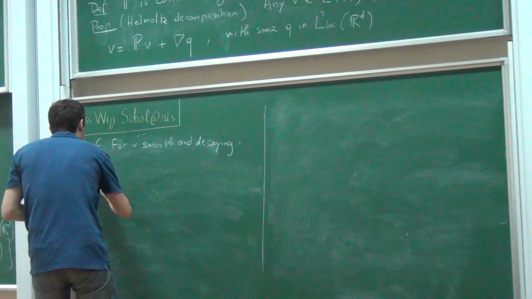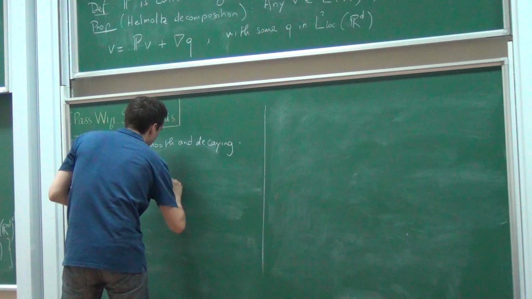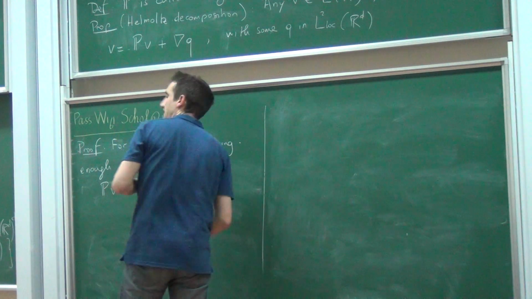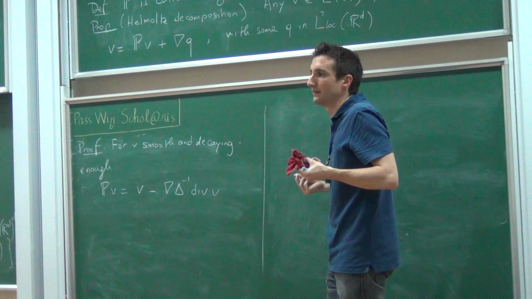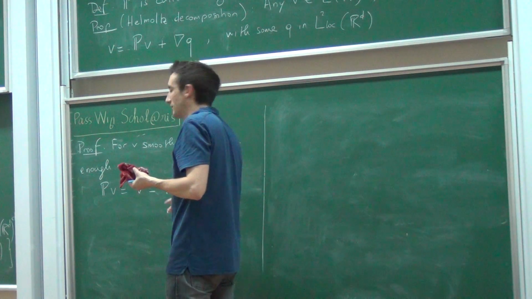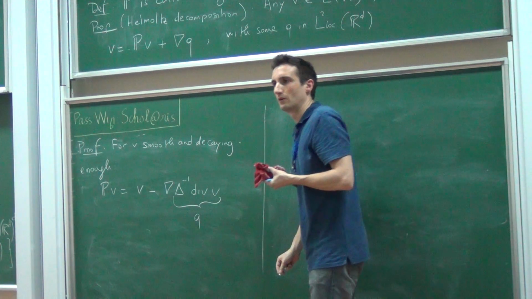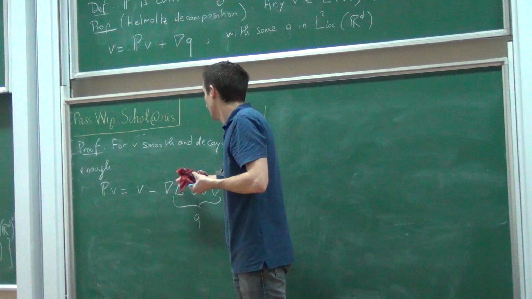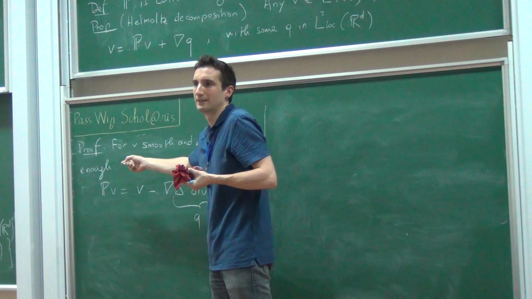We said that PV was V minus gradient delta minus 1 divergence of V. That's how we defined PV when the function was nice. But I have my gradient here. Let's call it Q. So if V is nice, V is PV plus some gradient field.